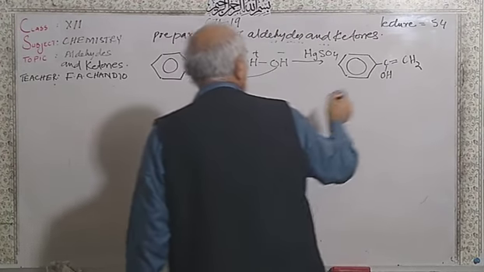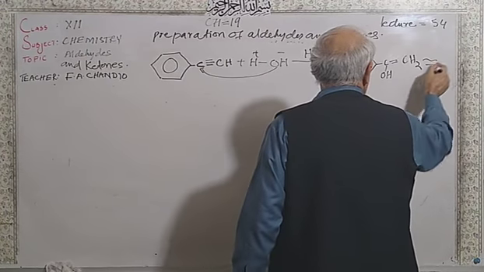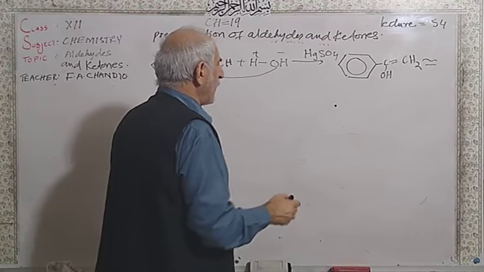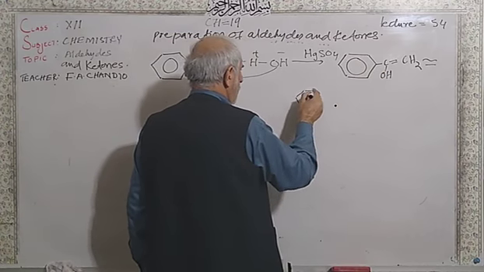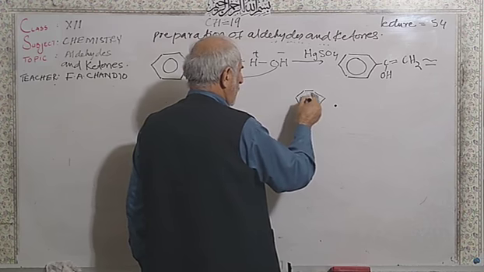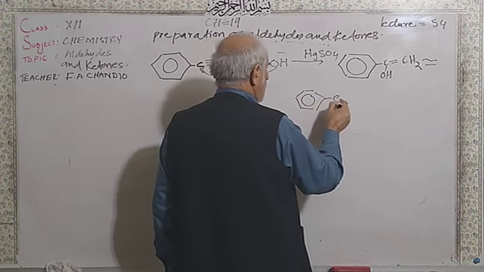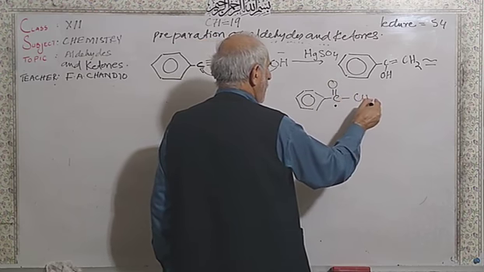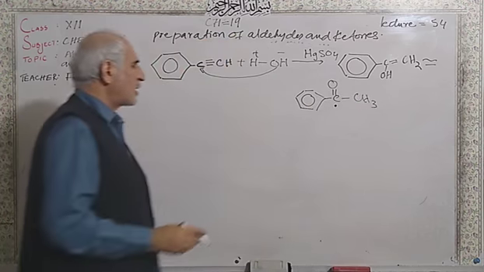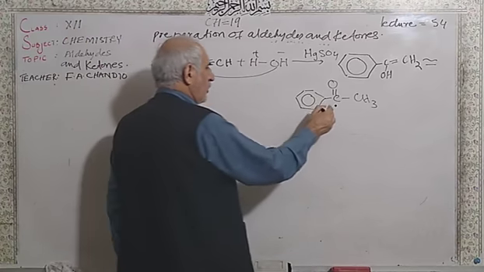This is the temporary rearrangement taking place. The same arrangement will go there, and this ketone is going to be formed. You will get this compound. This is called acetophenone.